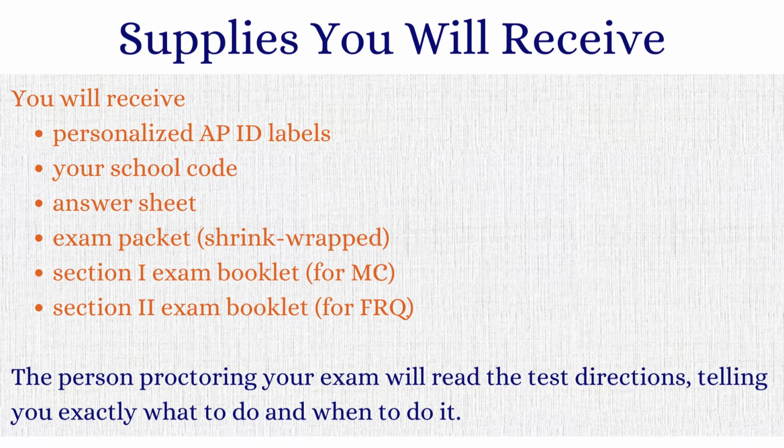You're going to have an exam packet. This is usually shrink wrapped. And you're also going to have exam booklets, one for the multiple choice section and one for the FRQs or the essays. I believe these are also shrink wrapped as well. So there's this whole process of having to unwrap things and put stickers on things. If you've never taken an AP test, don't be alarmed. I promise they walk you through everything in the instructions.